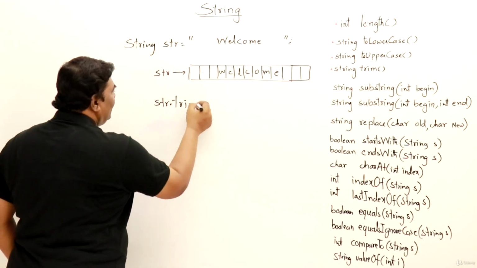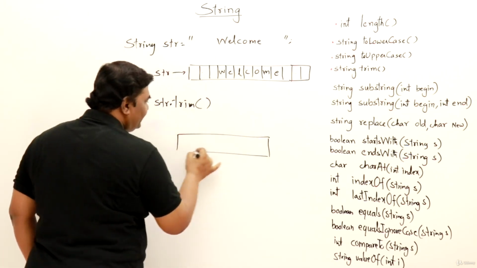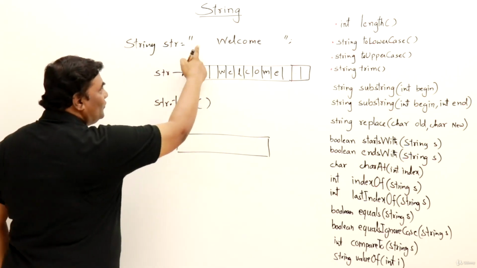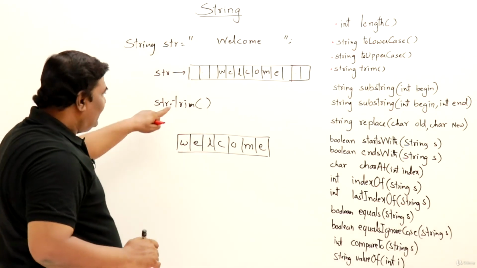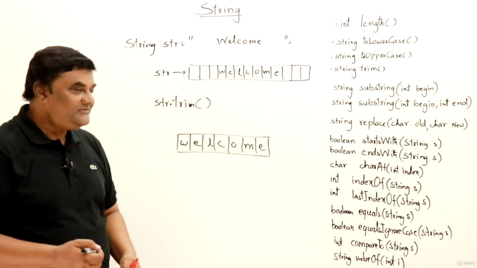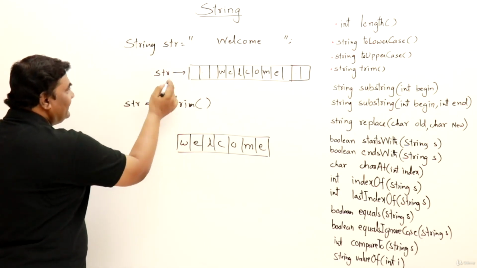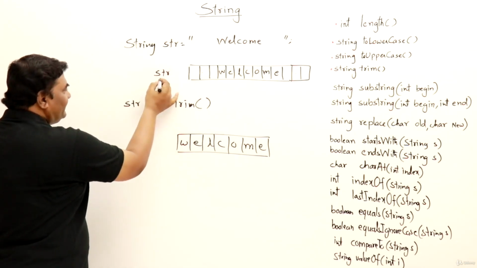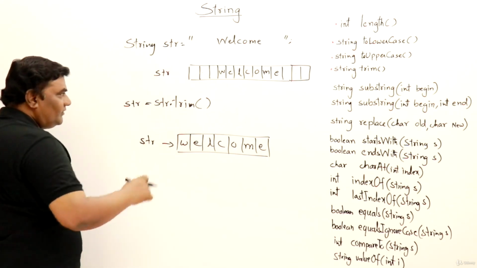So if you call str.trim, this will create a new object with the blank spaces removed. Welcome, a new object will be created. Again, this will not modify the same string, it will give another string object. If you assign this to str only, then str will not be pointing there, it will be pointing on this new object.